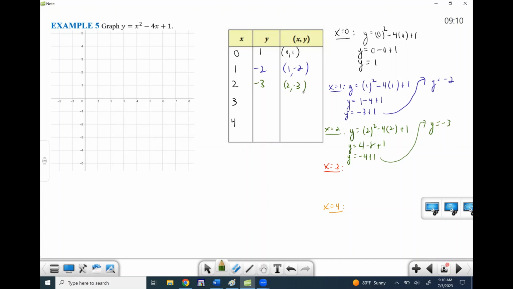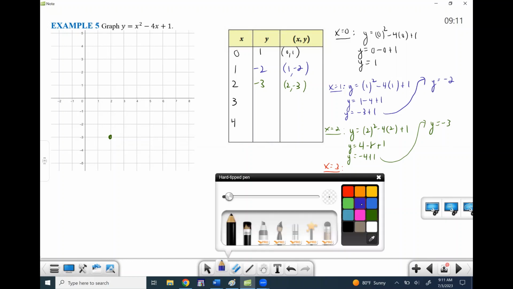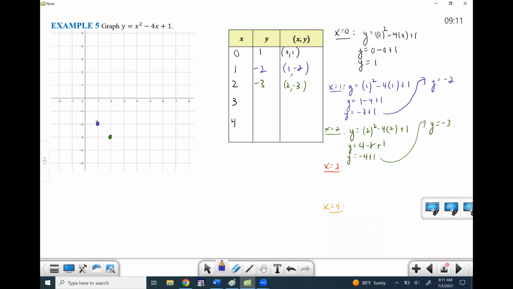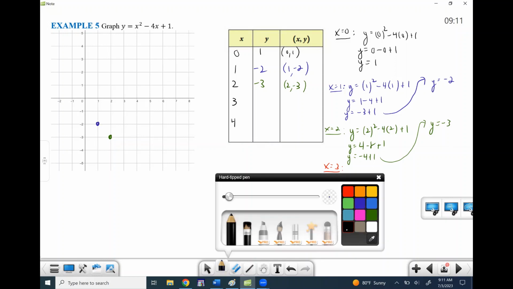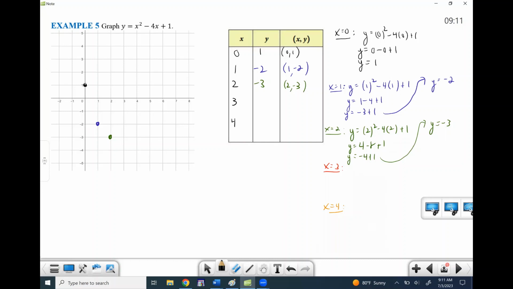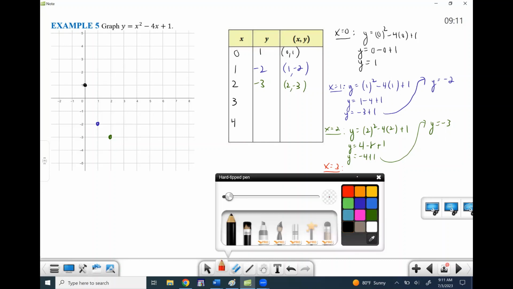I should have been graphing these as we go along, huh? 2 to the right, negative 3 down. For the blue one, 1 to the right, negative 2 down. For the black one, 0, 1, so 1 on the y-axis.